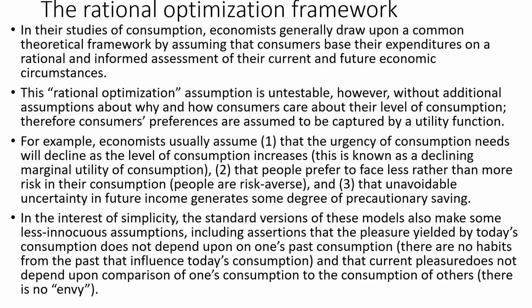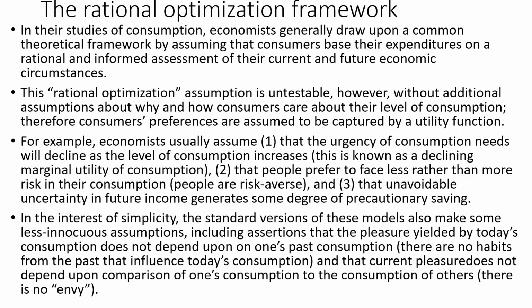Okay. So with that, we are going to see the rational optimization framework. Many economists have studied consumption. As you all know, there have been various theories of consumption. Different economists have tried to look into the consumption, the factors influencing consumption, etc. So each of them have different ideas or different opinions.